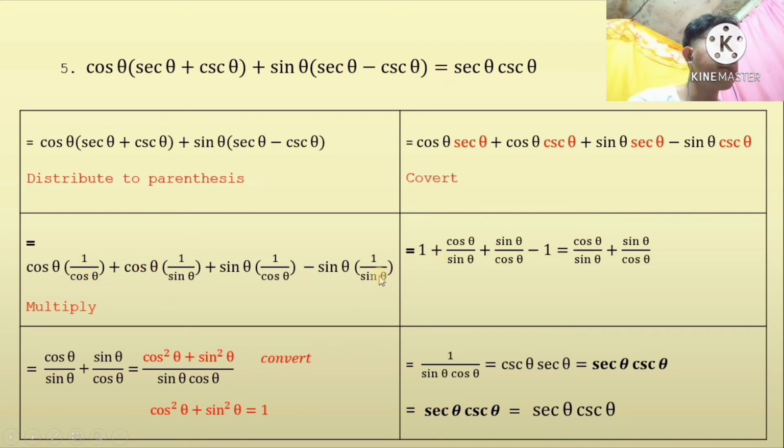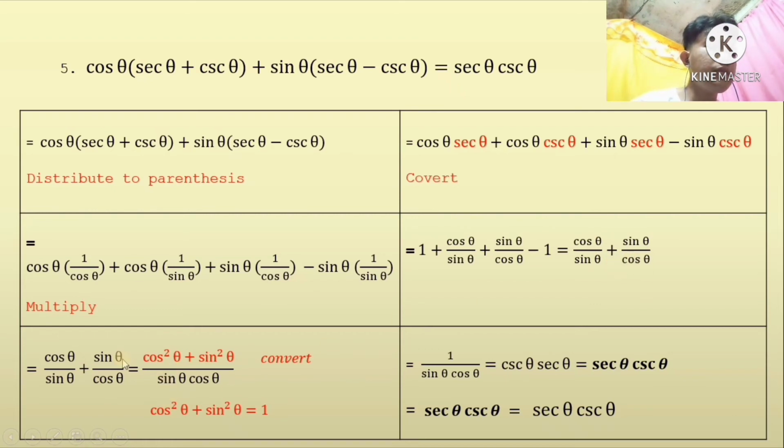So our equation will be cosine theta over cosine theta is equal to 1, then sine theta times 1 over sine theta will become 1. So our equation will be 1 plus cosine theta over sine theta plus sine theta over cosine theta minus 1. So 1 minus 1 is equal to 0. So the remaining will be cosine theta over sine theta plus sine theta over cosine theta.